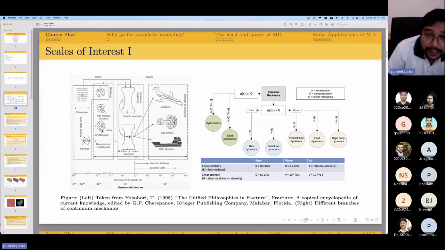If you want to understand different kinds of properties of a system, the best approach to study such a system would be to go for atomistic modeling. Now, any questions on why we should go for atomistic modeling? Please feel free to ask if you have any questions.